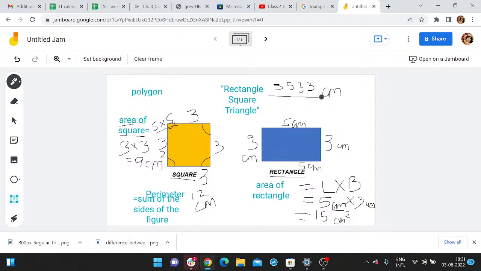ओके, सो नाउ let us add and let us find the answer. You all can also take your notebooks and practice there, and let's do it.